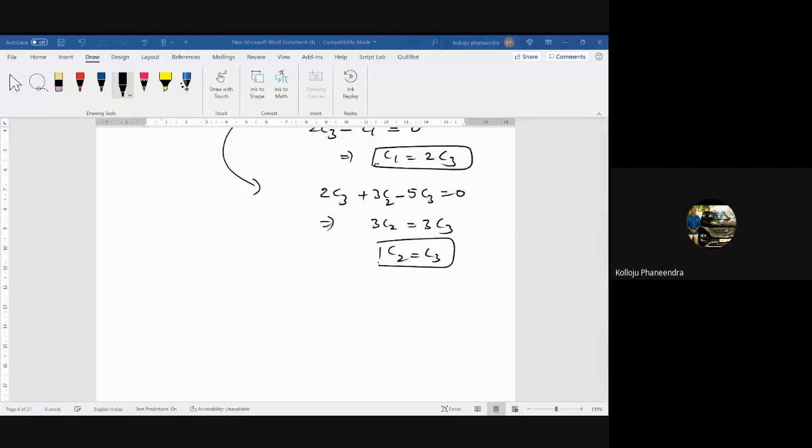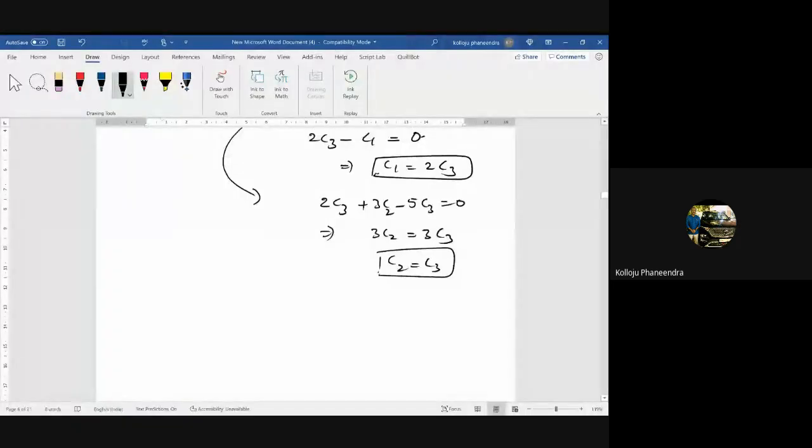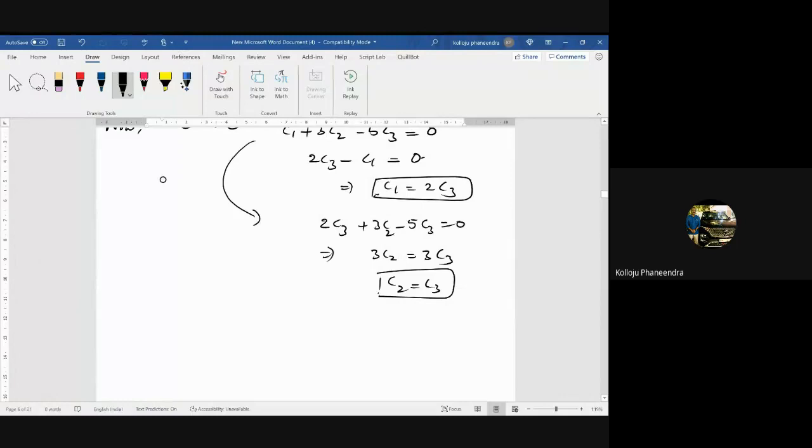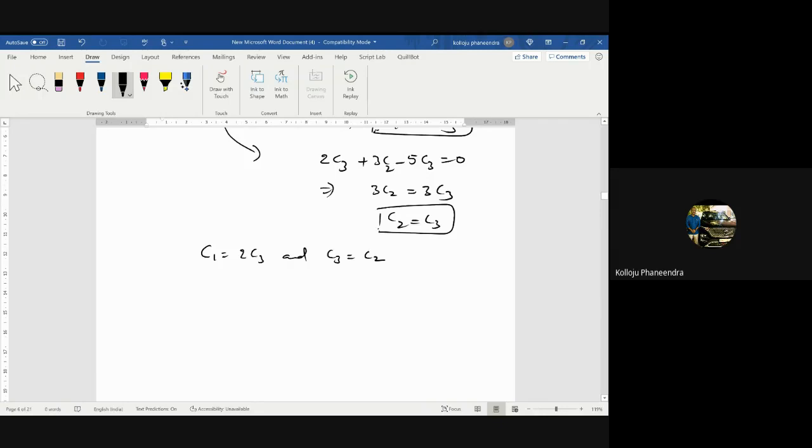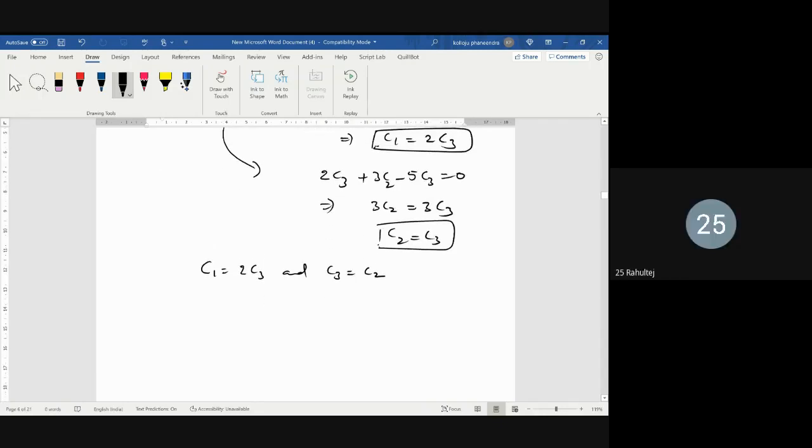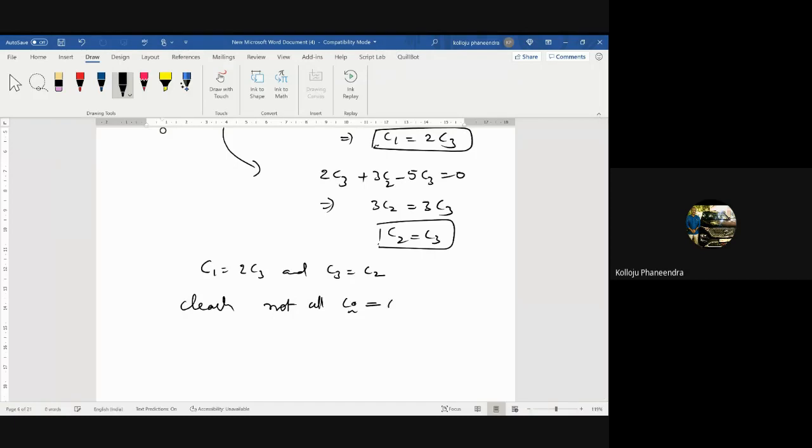Then c1 equal to 2c3 and c3 equal to c2. Now, are the values zeros? No. Therefore clearly not all ci equal to 0.